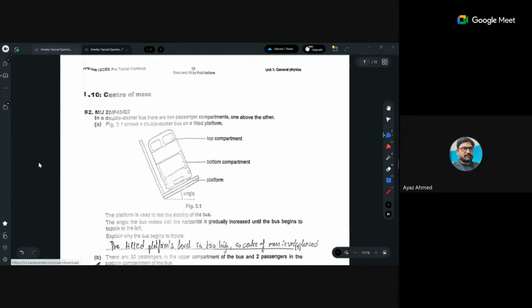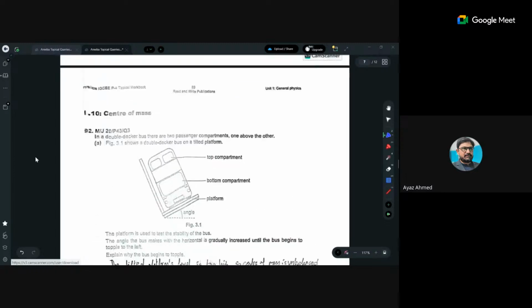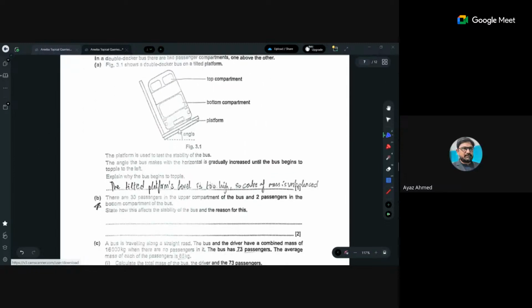Now the topic is center of mass. This question is related to the toppling of a car, right? It asks to explain why the bus begins to topple. The bus begins to topple because the center of gravity, or the line of weight force, is moving out of the base area.